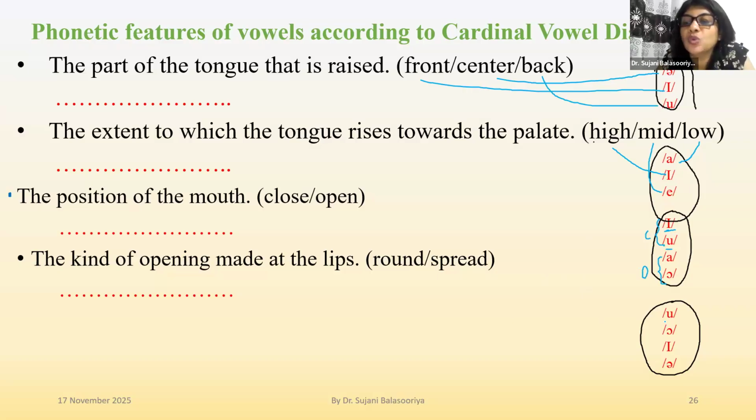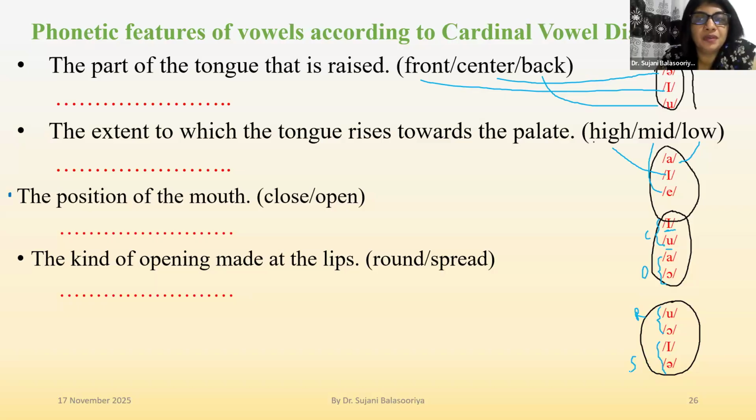First one, U. Round. And O. The first two are round vowels, whereas the last two, E and A, are spread vowels. Okay.